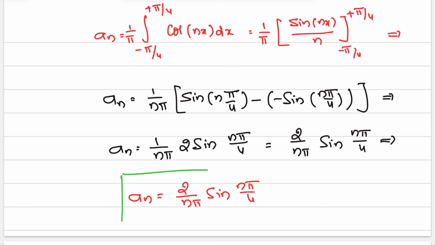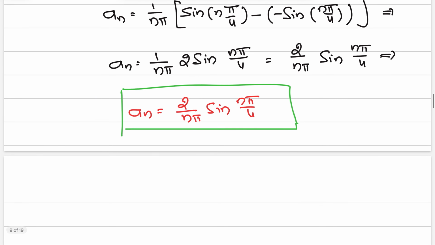The main problem comes with bn. A naught we have found out, an we have found out, now we have to find out bn. It is the biggest part and the most important part where we have to use our logic. What is bn?